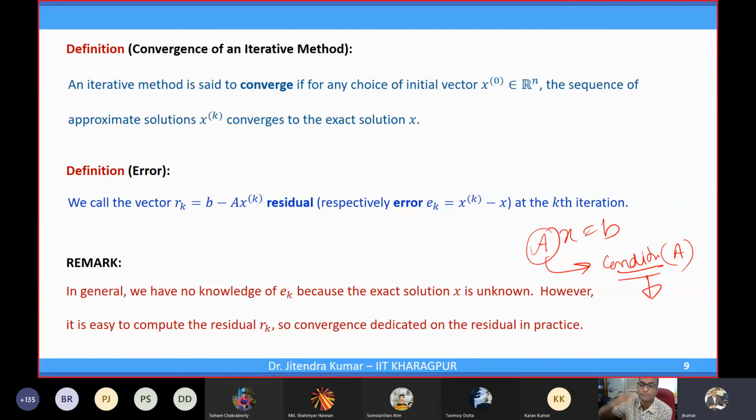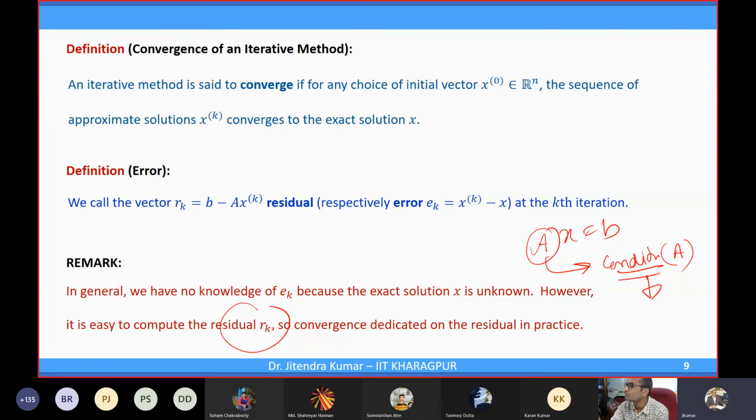But if the condition number is very large, if it is 5,000 or 1,000, a large number, then there is a very high chance that the solution at which you stopped based on your residual may not be the solution at all.